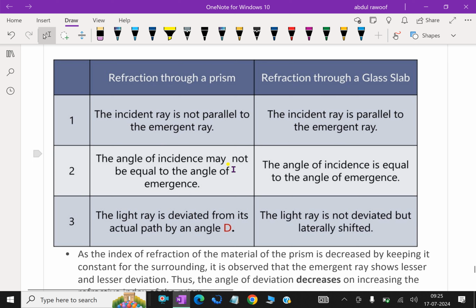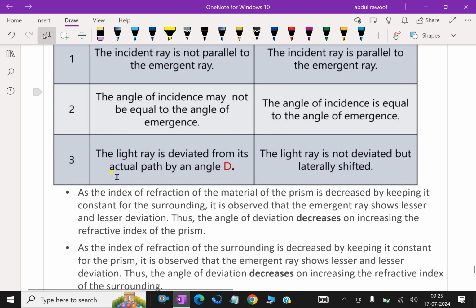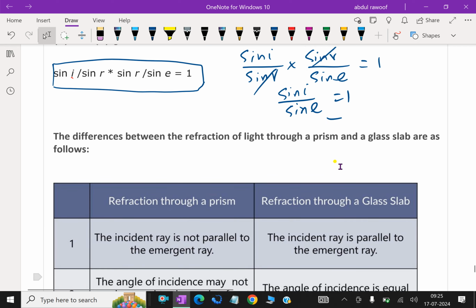In the prism the angle of incident may not be equal to the angle of emergent, but in the slab the angle of incident is equal to the angle of emergence. In the prism the light ray is deviated from its actual path by angle D, but in the slab the light ray is not deviated but laterally shifted.